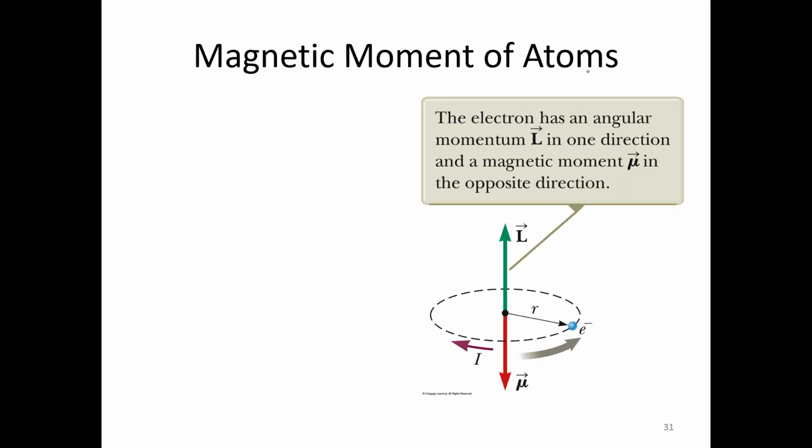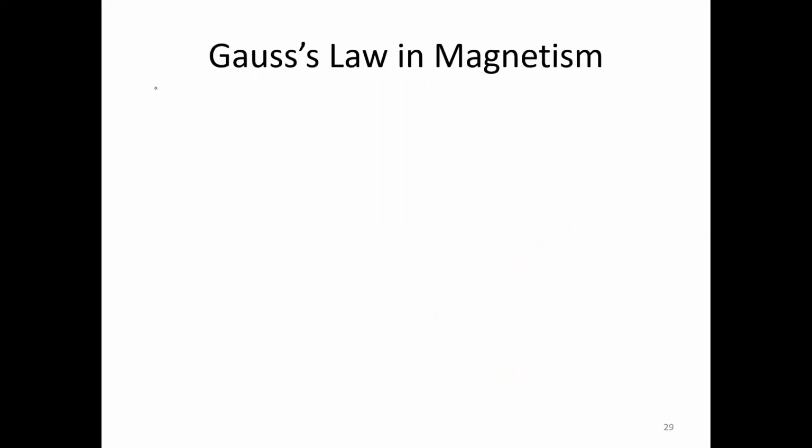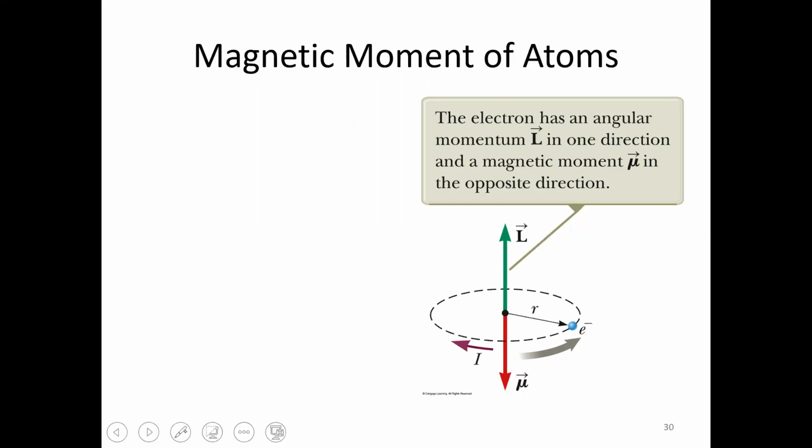And so our magnetic moment, if we try to describe our current in terms of that electron going in a circle, we would say that an electron goes by every period of motion.